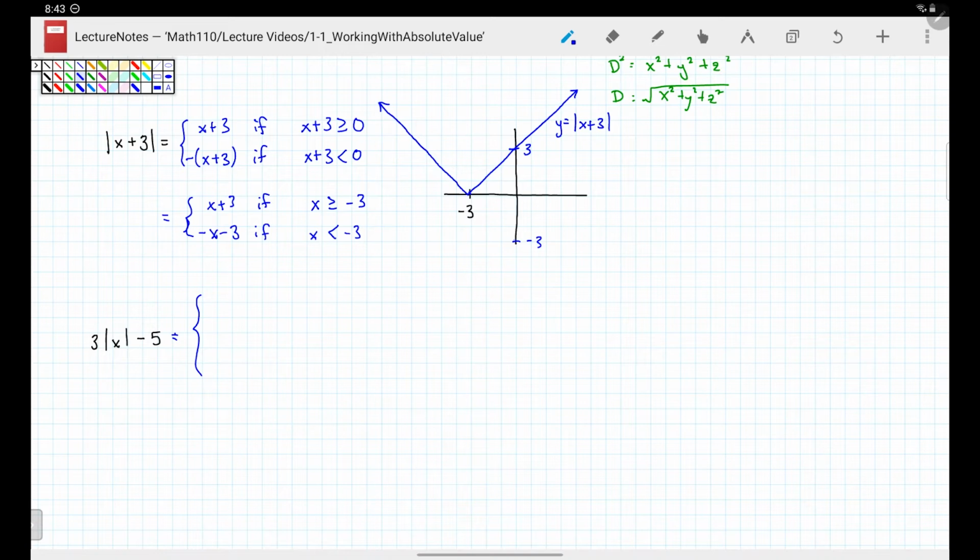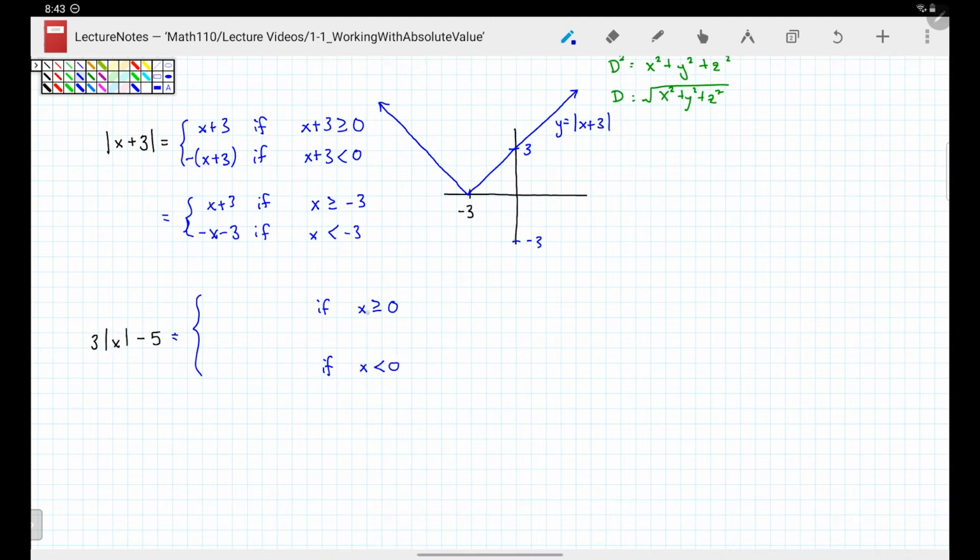And so the point where that breaks is where the absolute value piece hits 0. So we're going to have one formula for if the piece inside the absolute value, which is x, is greater than or equal to 0. And then there's another piece for if the thing inside that absolute value, x, is less than 0.